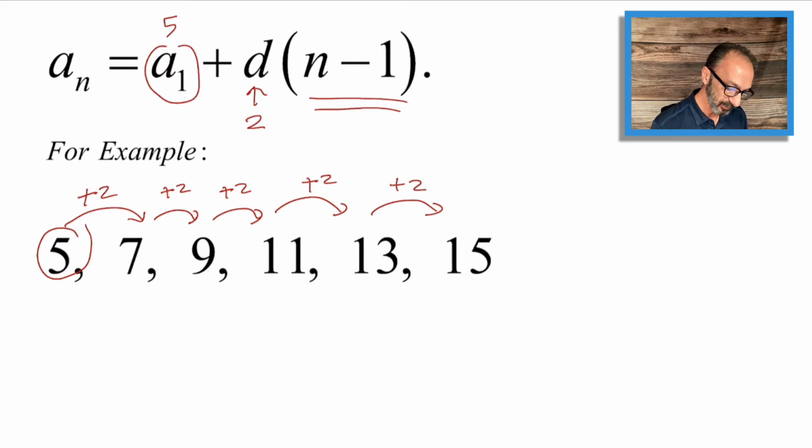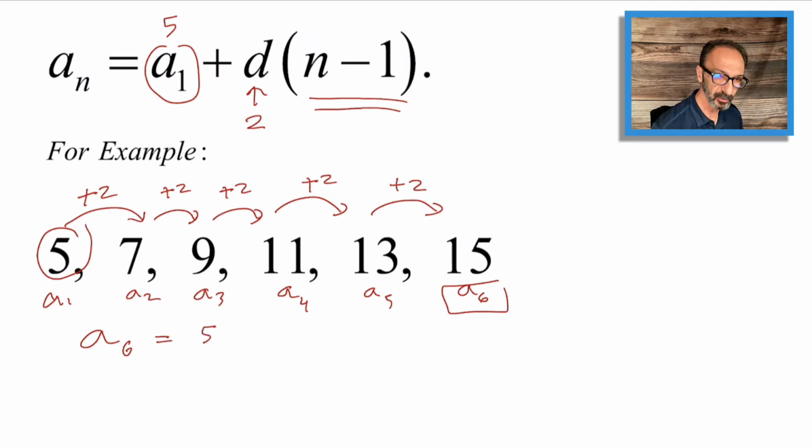But notice that we have how many terms? We have a sub 1, a sub 2, a sub 3, a sub 4, a sub 5, a sub 6. We have 6 terms. Let's say we want to find the 6th term applying this formula. So I have a sub 6 equals a sub 1, which is 5, referring to the formula on top, plus d, which is 2, multiplied by n minus 1.